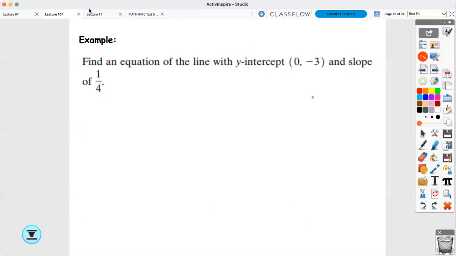All right, let's take a look at this example.